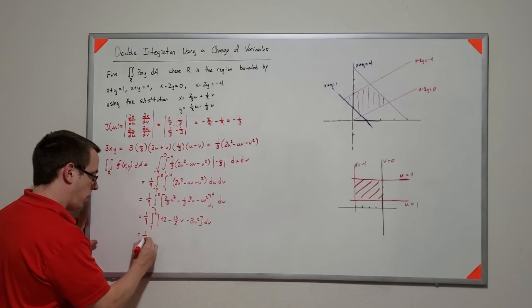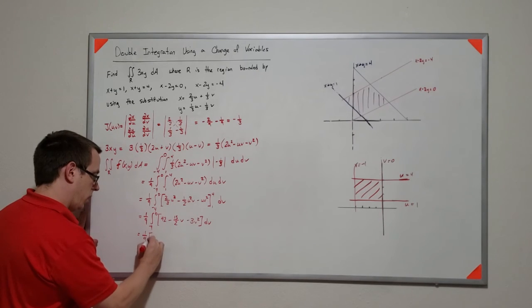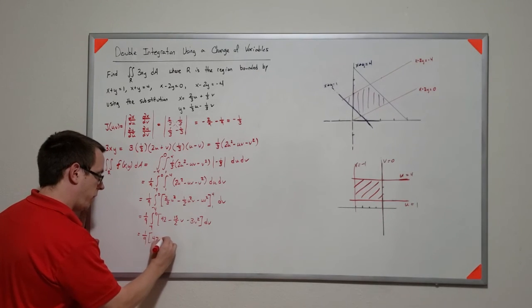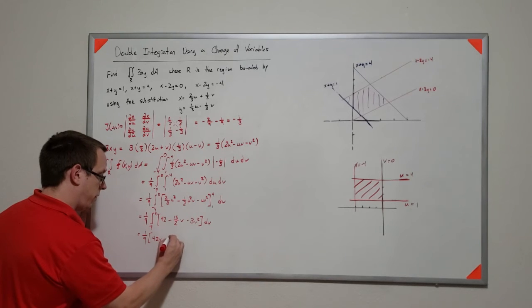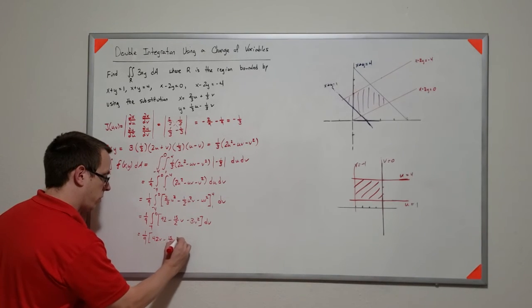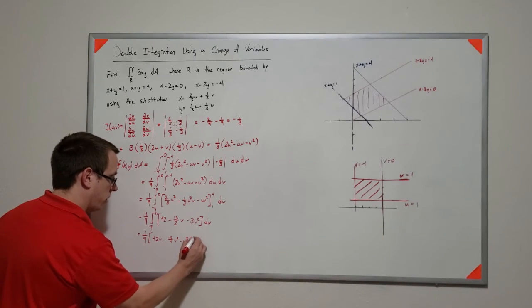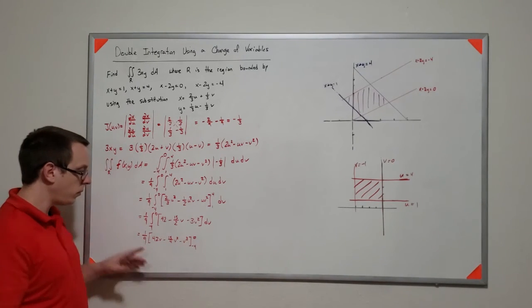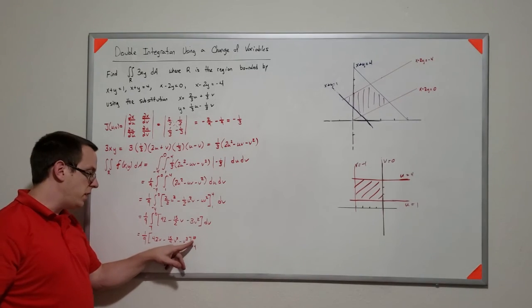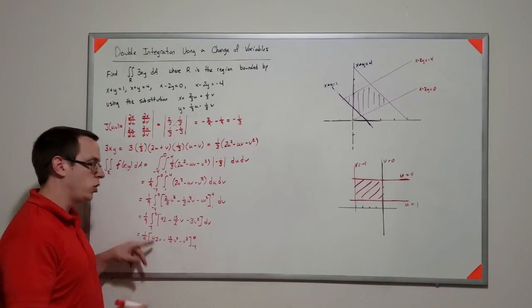And then you keep going, you're going to get 42v minus 15 fourths v squared minus v cubed from -4 to 0. Now, when v is 0, all of these terms vanish.